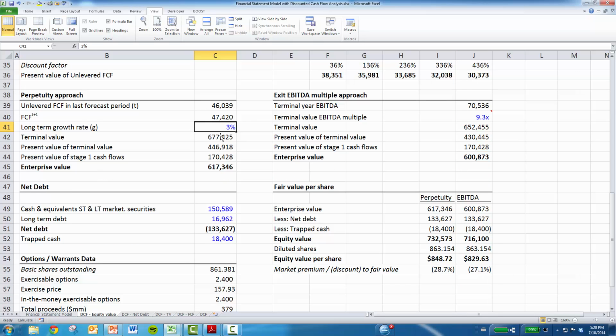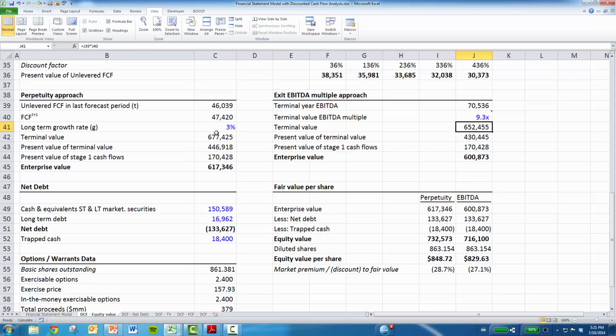We're also going to talk a little bit about refining the normalized free cash flow formula, for those interested in adding some bells and whistles to this free cash flow figure. We can mess around with these numbers and see, if we apply a slower long-term growth rate like 2%, what does that do to the valuation? Obviously, it makes the valuation a little bit lower.